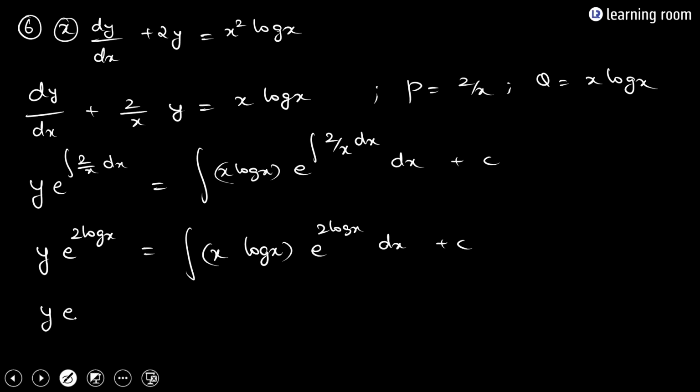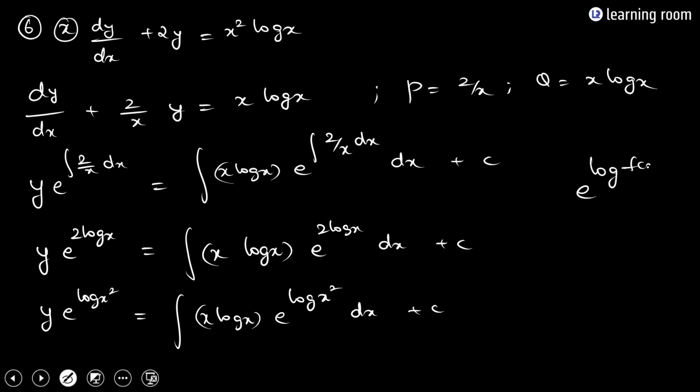So y into e power log x square is equal to integral of x log x into e power log x square dx. But I told you one thing yesterday. e power log of f of x is how much? f of x. Correct.